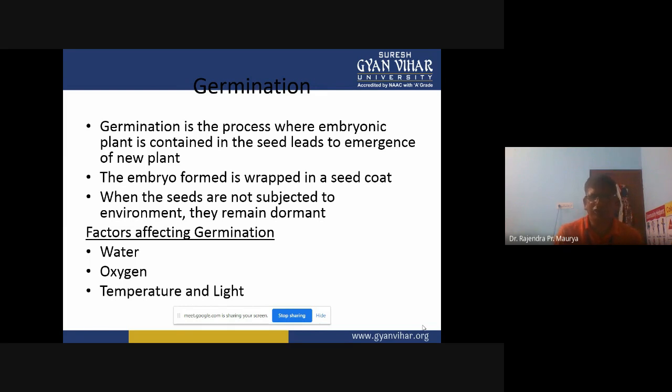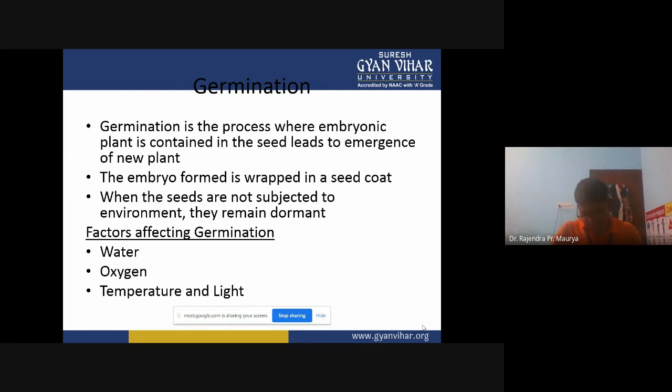Apart from that is the growing media. If we are using natural growing media like soil, for example clay soil, and we sow the seeds in clay soil, it will form a hard earth crust. That creates a problem in seed germination. So clay soil is not ideal for seed germination.